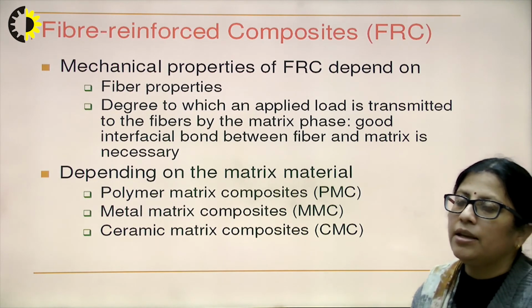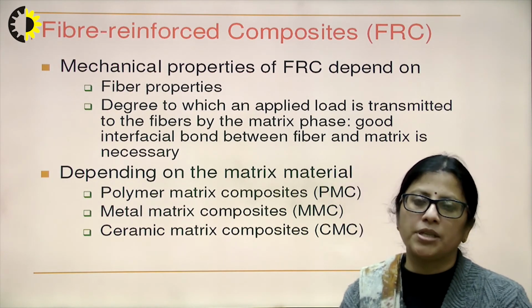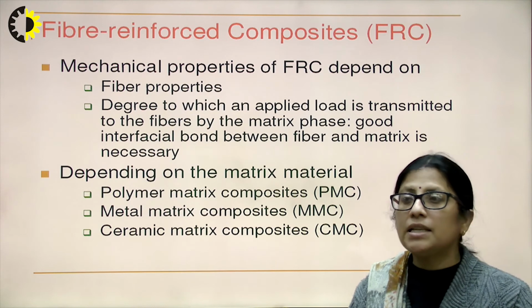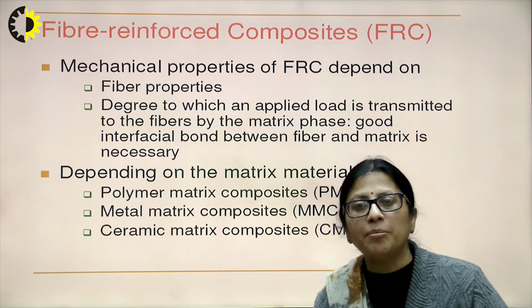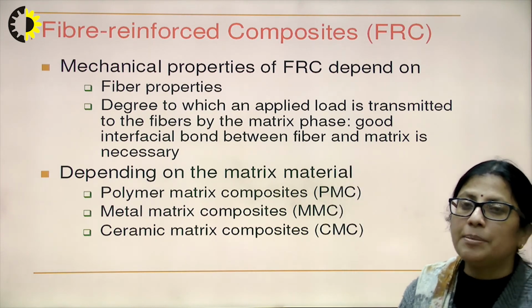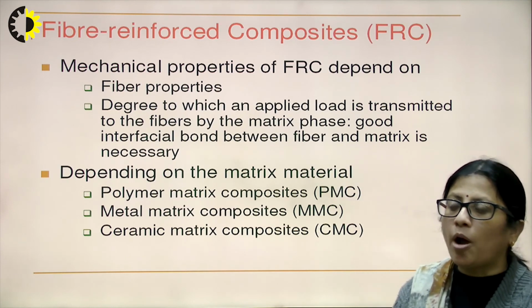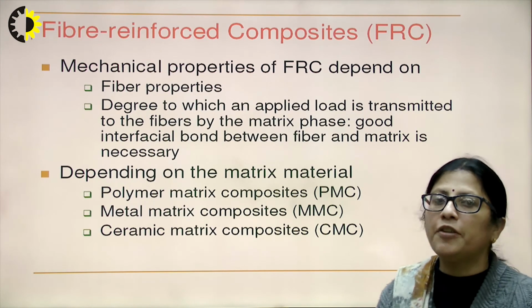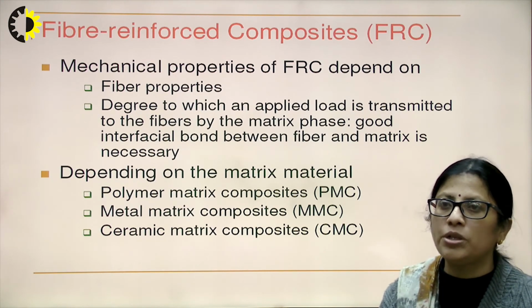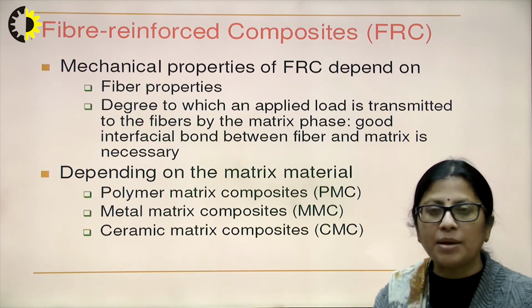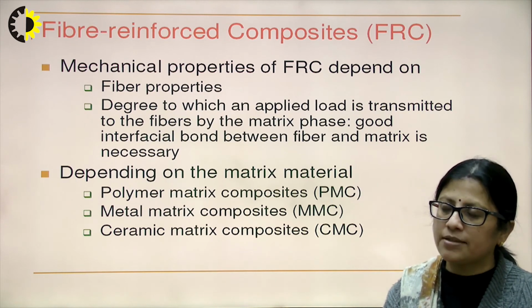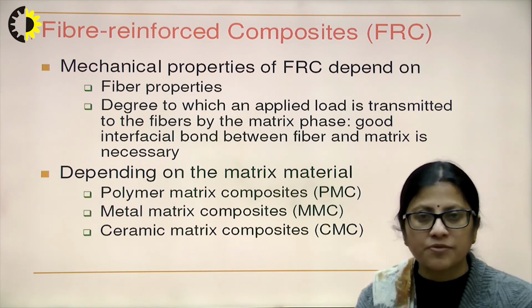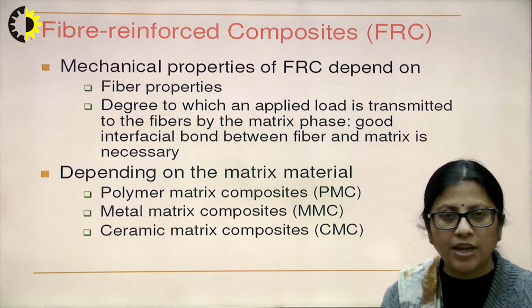Next is the fiber reinforced composites, and the mechanical properties of fiber reinforced composites depend on the properties of the fiber that we are going to use and the degree to which an applied load is transmitted to the fibers by the matrix phase, that is, how much load is being transferred from matrix to the reinforced phase.